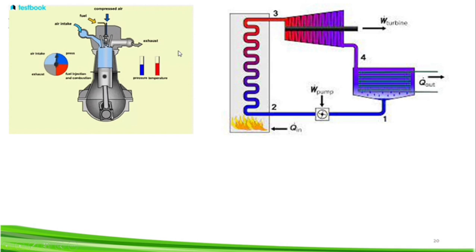So in this process, suction takes place at state 1 to state 2, and from state 2 to state 3, this process is called the adiabatic process. This is where the compression takes place, and both the inlet and exhaust valves are closed. The compression is much higher than that of an Otto cycle, and this increases the pressure and temperature inside.